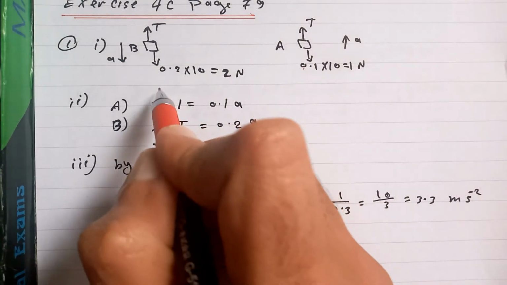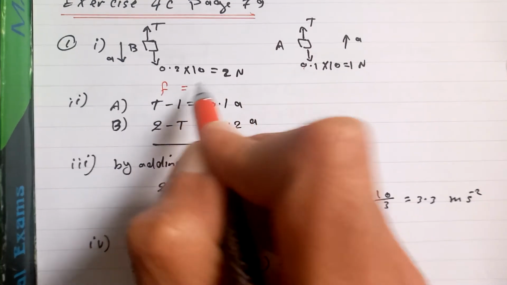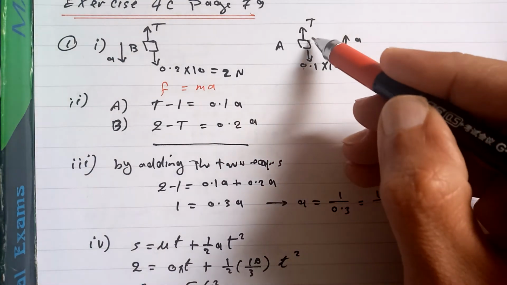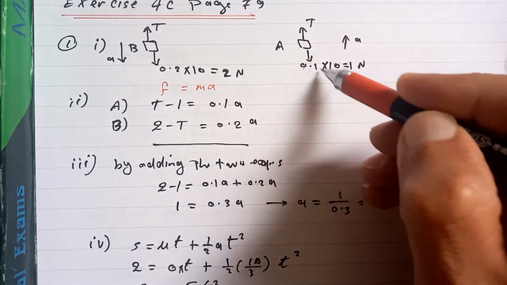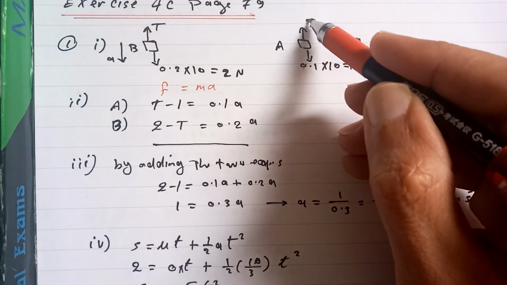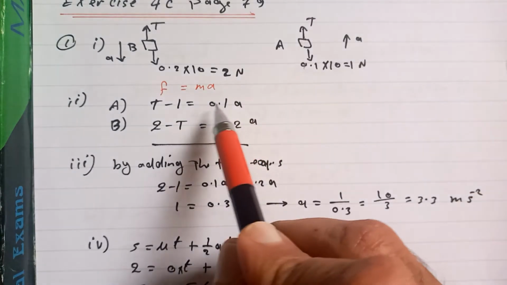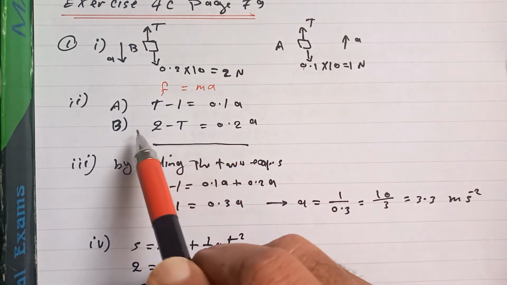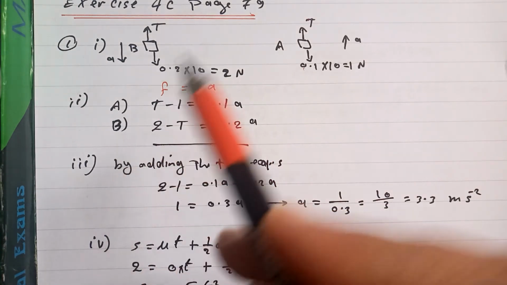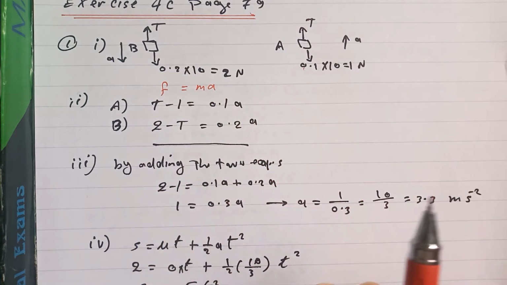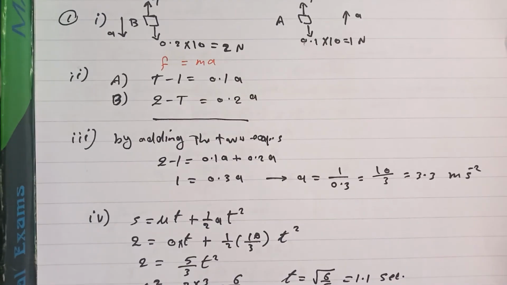F equals MA, where F means the resultant force. The resultant force is the tension force minus the weight, because the tension is higher than the weight, because the system will go up. And for B, the weight minus the tension equals MA, which is 0.2 times A. These are the equations.